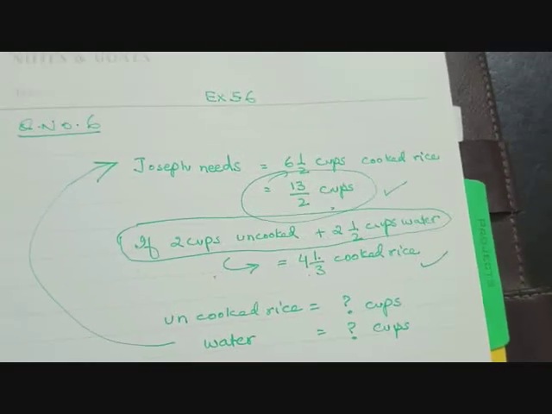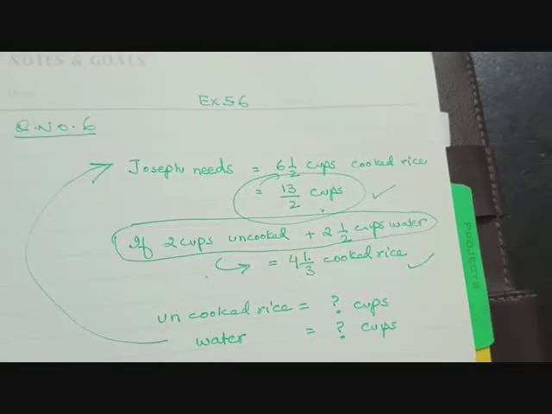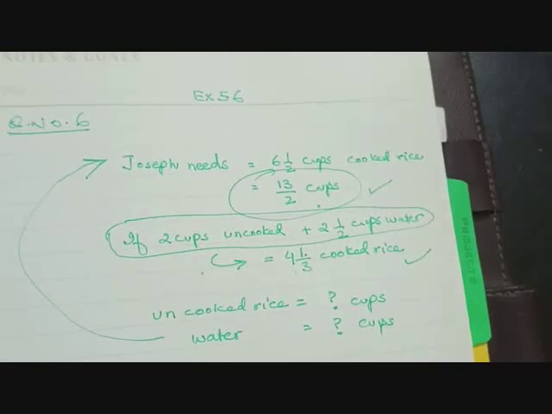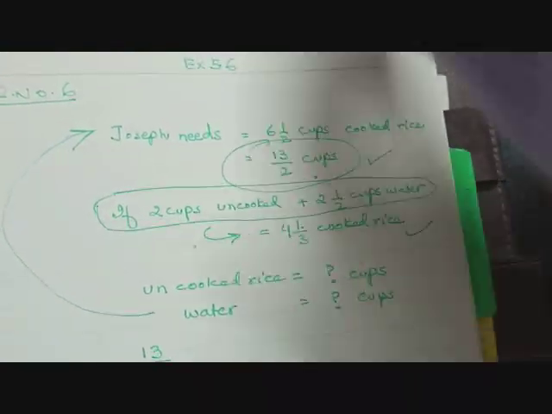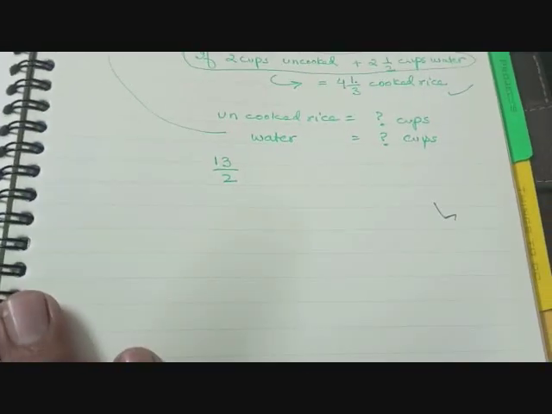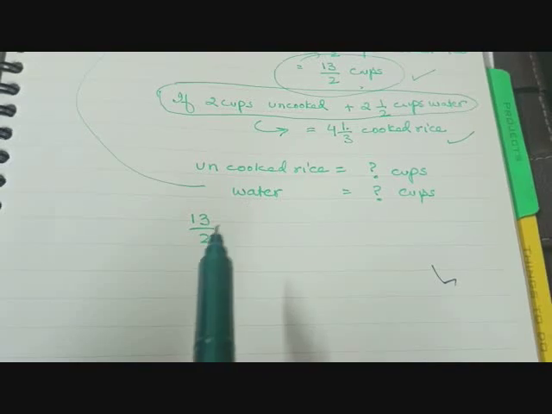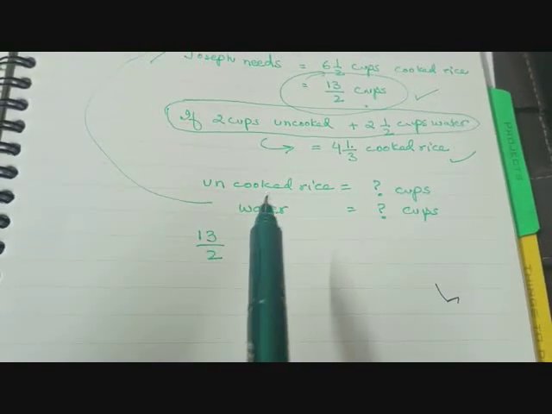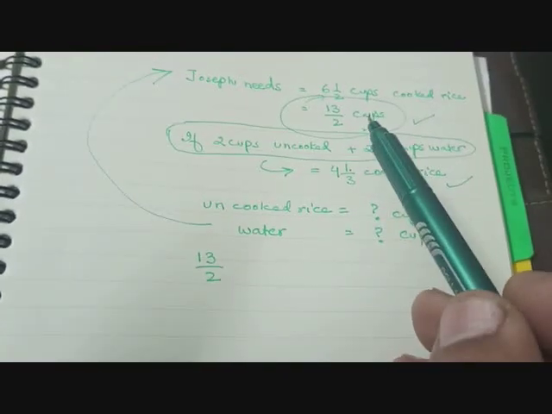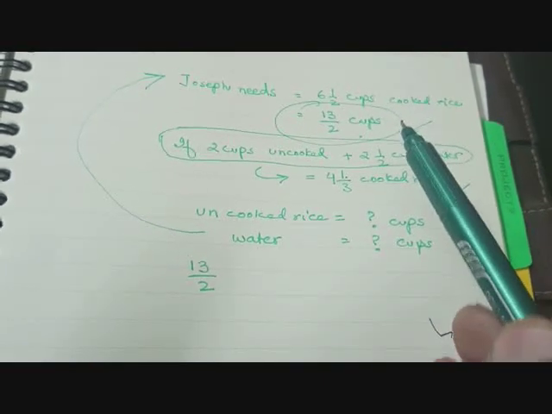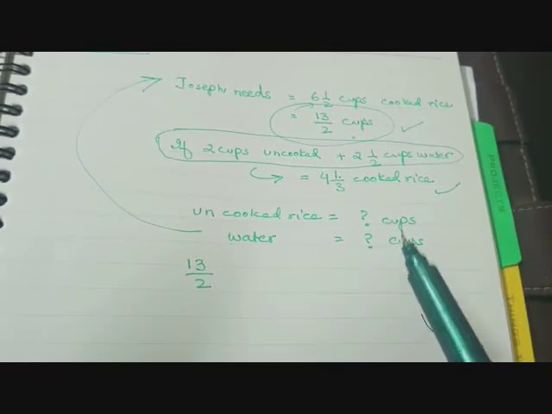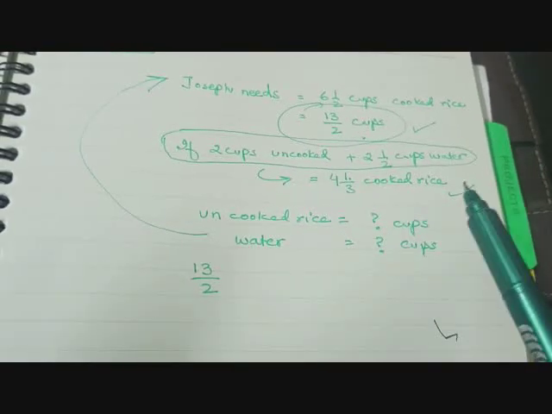So we find the ratio between what we have to cook and what is given to us.